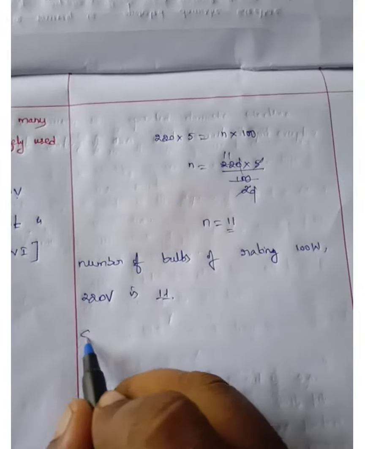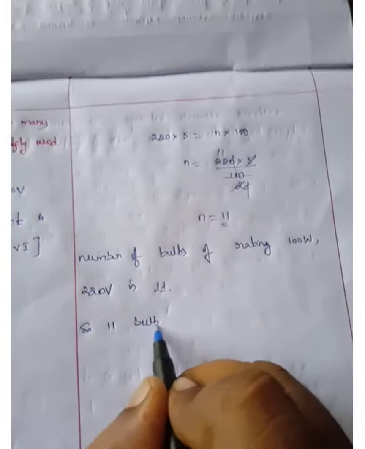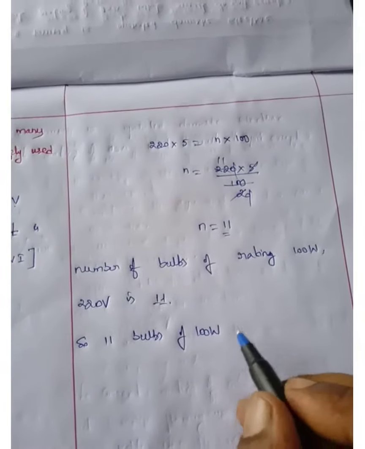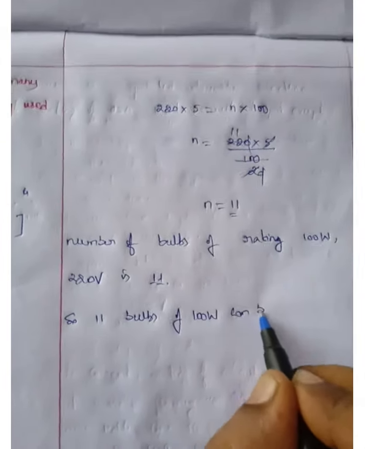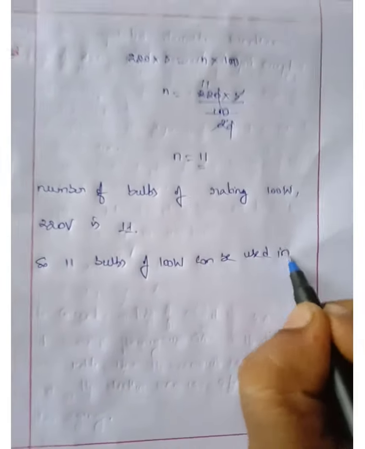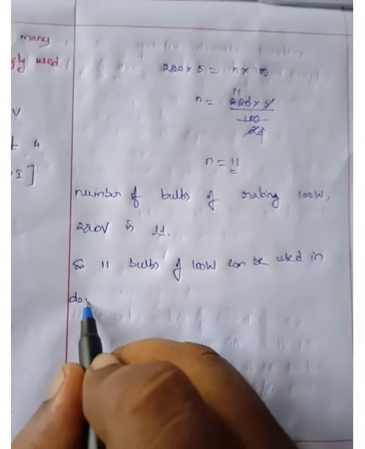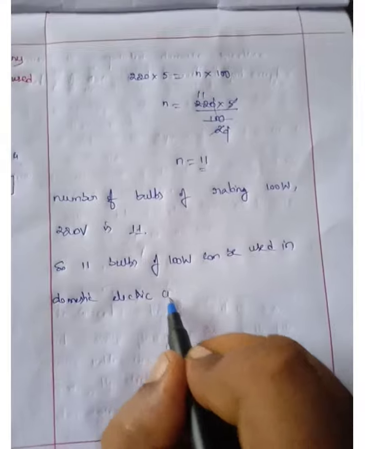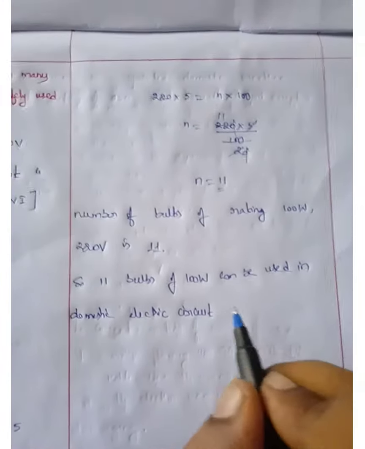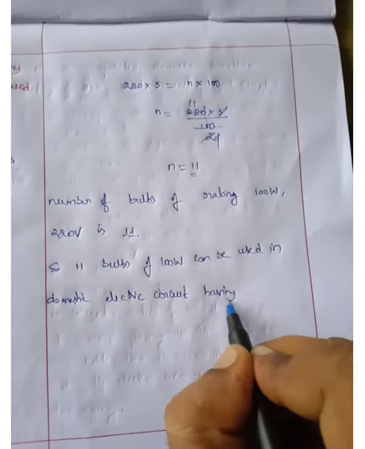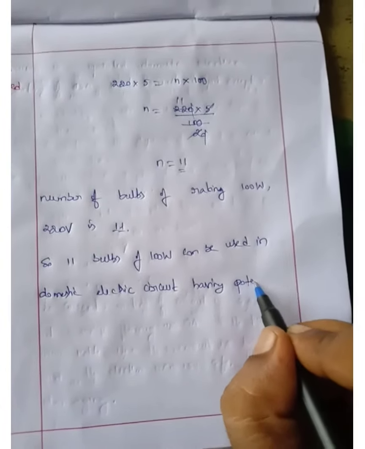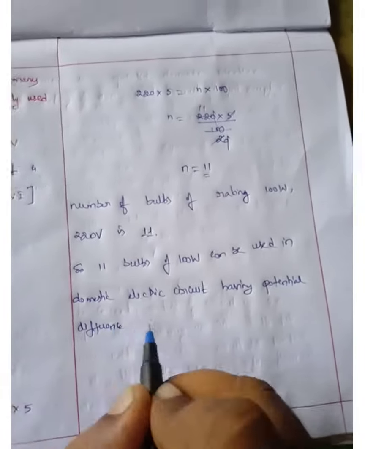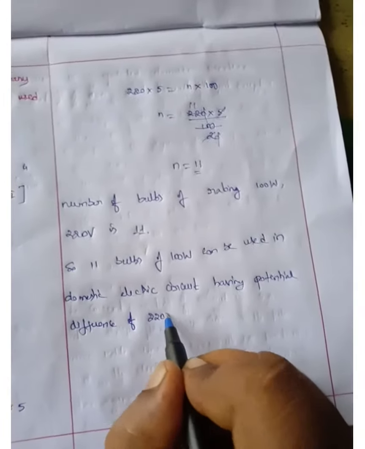So 11 bulbs of 100 watts can be used in a domestic electric circuit having a potential difference of 220 volts.